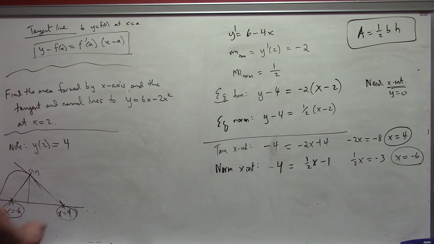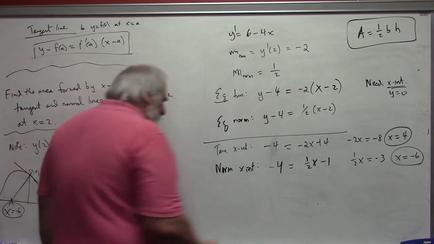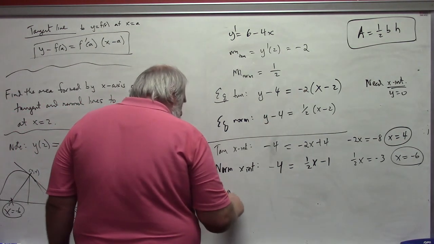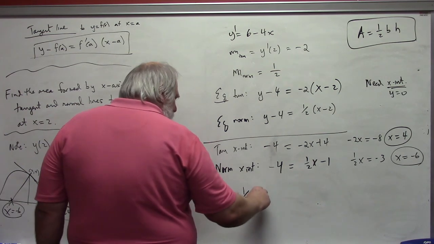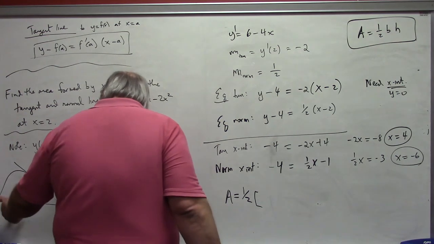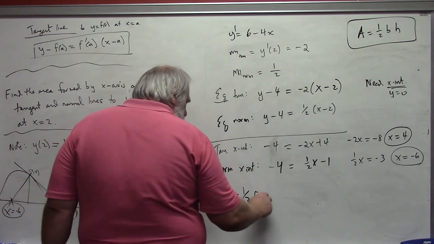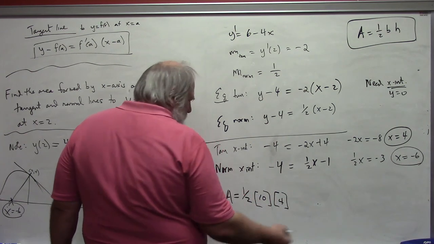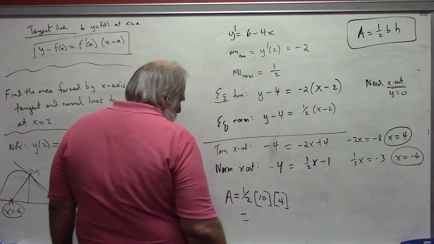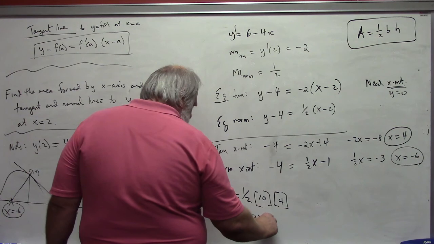And so therefore, the area, using my basic formula, is going to be 1/2 times the length of the base, which goes from negative 6 to positive 4, so that's 10, and the height was equal to 4, and so in this case, the area is 20 square units.